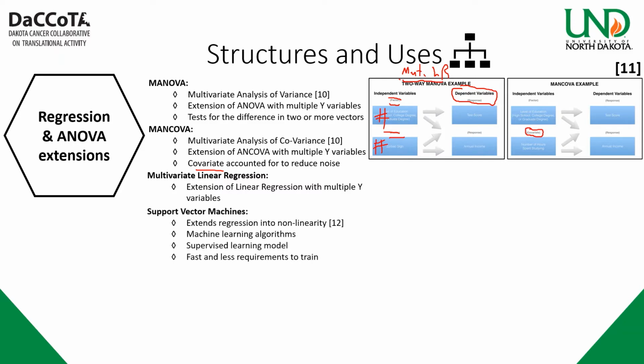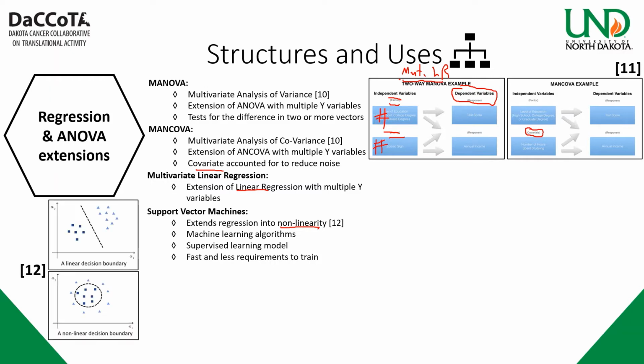Okay, let's move on to support vector machines. If multivariate linear regression is essentially a linear regression, this extends it into nonlinearity. So that's where we get that nonlinearity in the broad definition I had. This is a class of machine learning algorithms, also a supervised learning model, and it's pretty useful for doing nonlinear things.